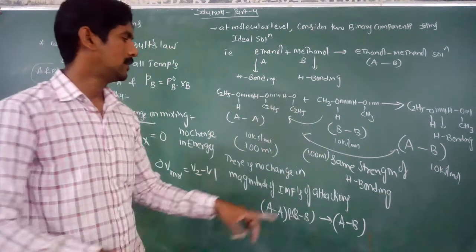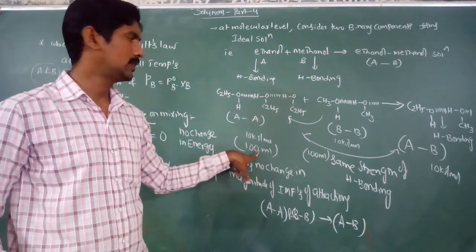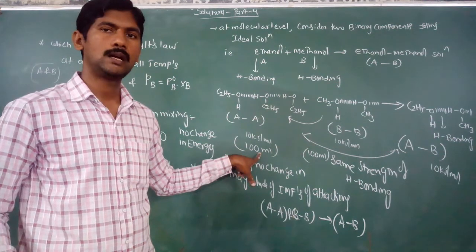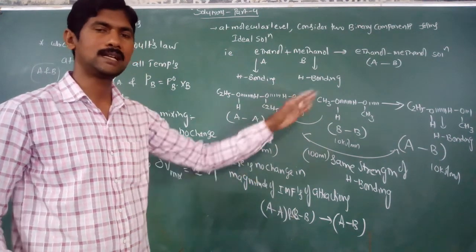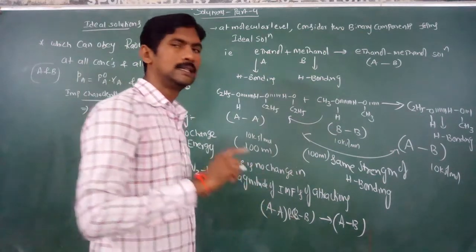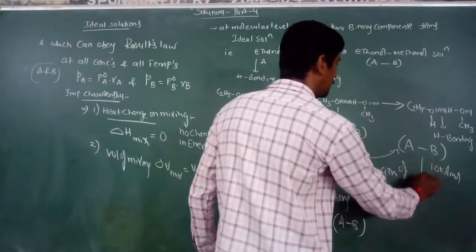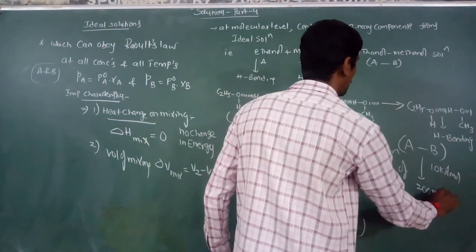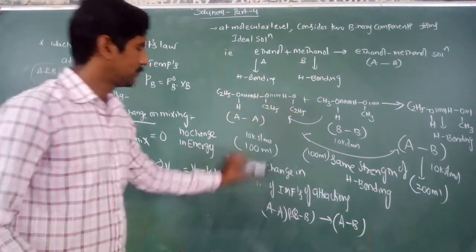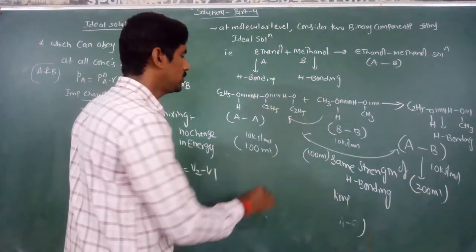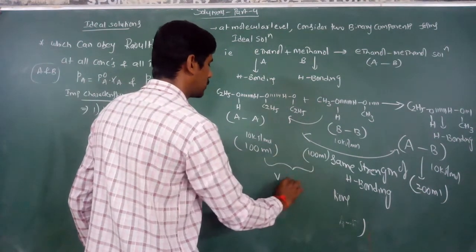If you add 100 ml of methanol to 100 ml of ethanol for the formation of an ideal solution, we get the final volume. So what is the volume before mixing? V1 is 200 ml.